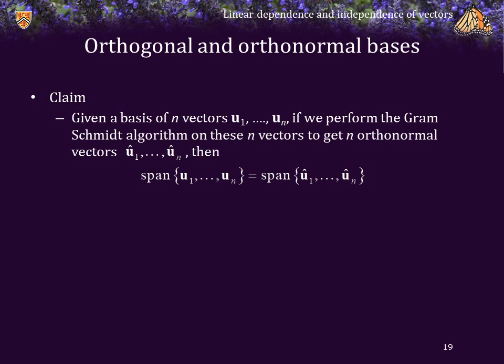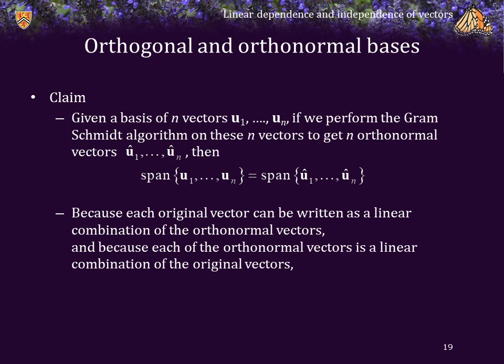Now, here's a claim. Given a basis of n vectors u1 through un, if we perform the Gram-Schmidt algorithm on these n vectors to get n orthonormal vectors u1 cap through un cap, then the span of the original vectors equals the span of the orthonormal vectors.